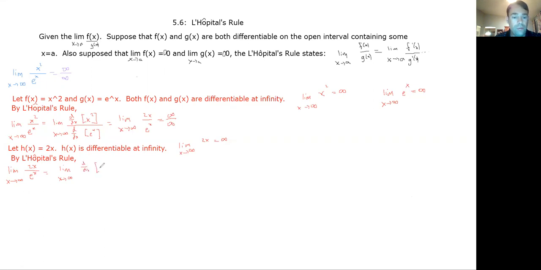So the derivative of 2 to the x and the derivative of e to the x, we still end up with the limit of 2 over e to the x, which is going to be 2 over infinity, and that is 0.